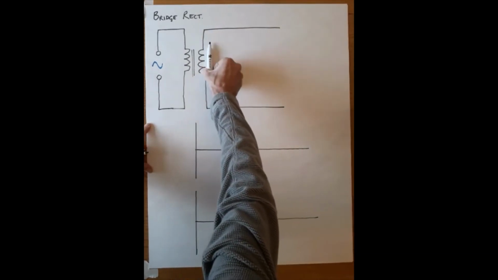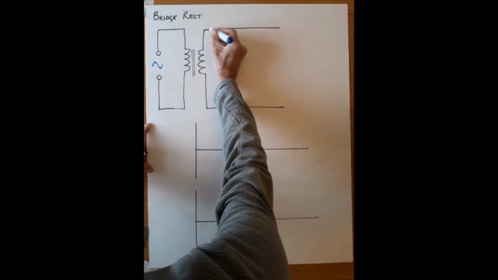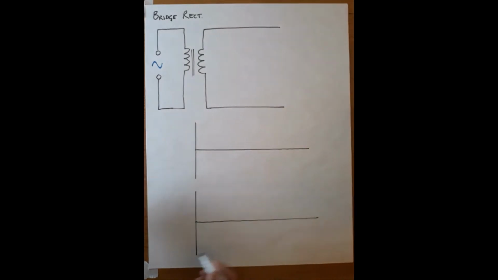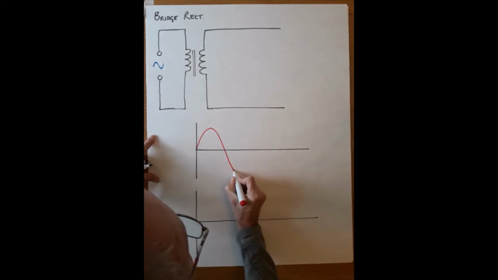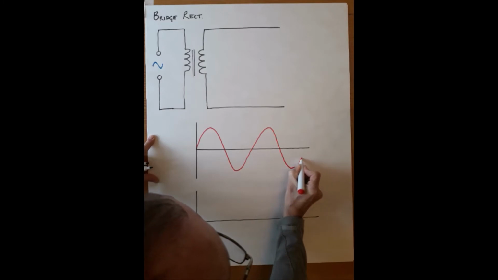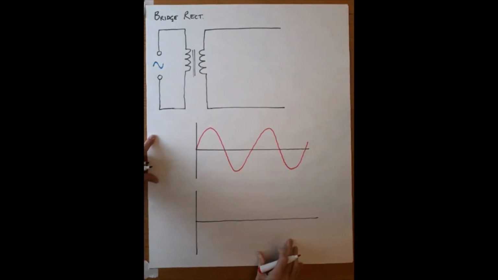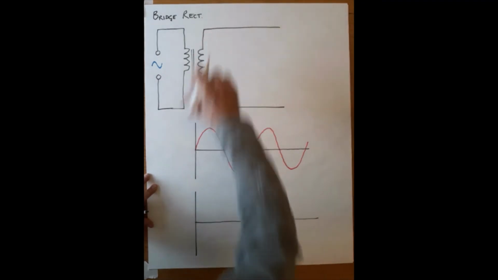And at this point, we still have AC. So from there to there we have AC. Let me draw that in. So this is the available current at this point on the secondary.